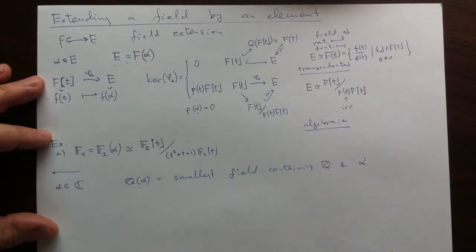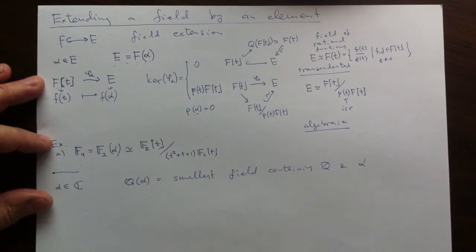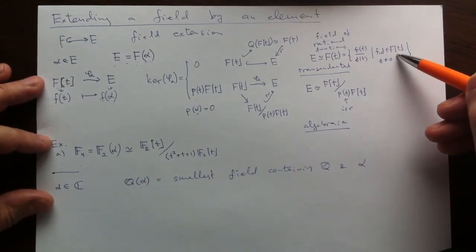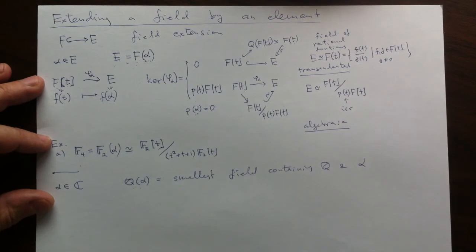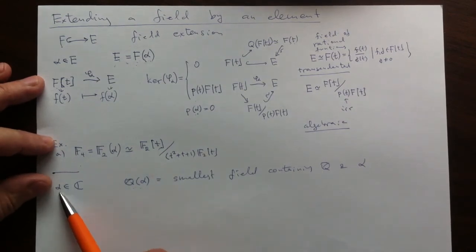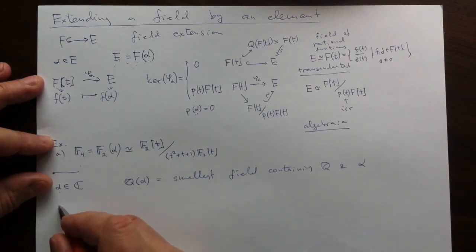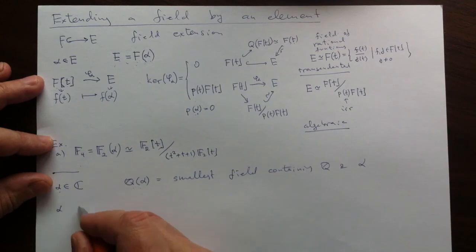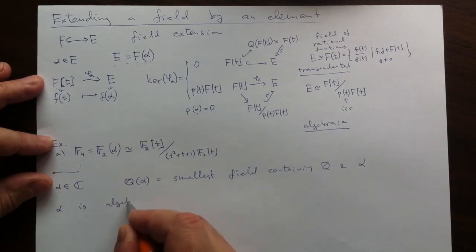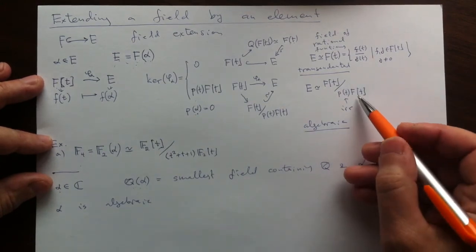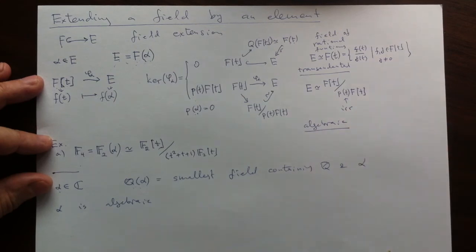So let's look at its possible structure. This dichotomy predicts what it should be, either a field of rational functions or a quotient of polynomials. So this dichotomy really says something about complex numbers. They are not all made equal. Some of them are algebraic. It's the second case, when their extension is a quotient by a polynomial.